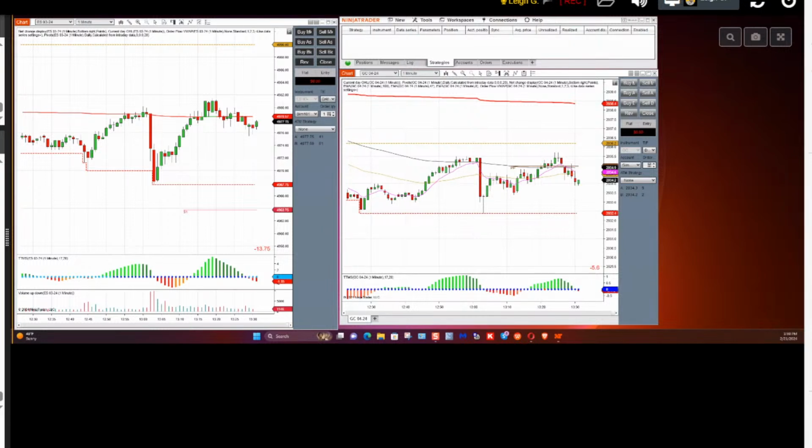More often than not, it's not always 100%, but when you get an unexpected result in the news, for a breakout in particular, we get the kind of move that we want to see.